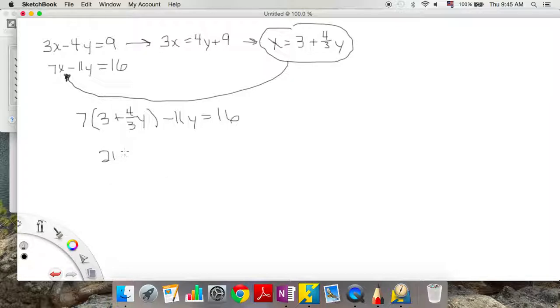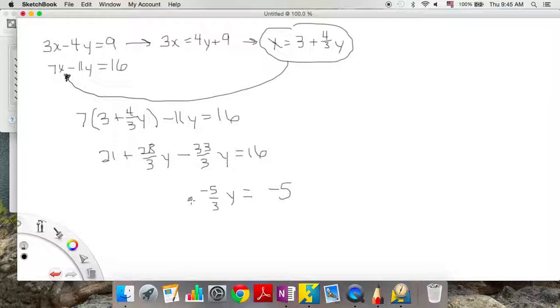So we multiply this out, and I'm going to change this into a thirds fraction so that I can have a common denominator. If I subtract 21 over here, I end up with -5. And if I subtract those two, I get -5/3 y.